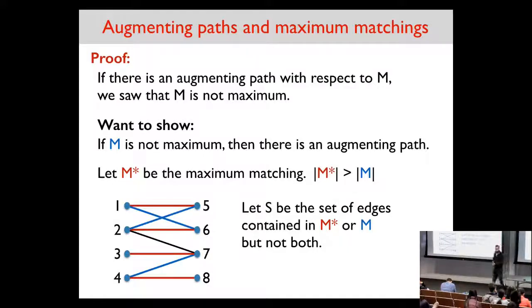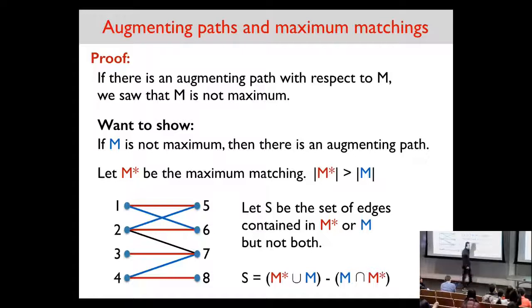If they do share an edge, I don't include that in my set S. But the purely red edges and the purely blue edges are in the set S. You can also write this as M star union M minus their intersection. If an edge is in both of them, you don't consider it.